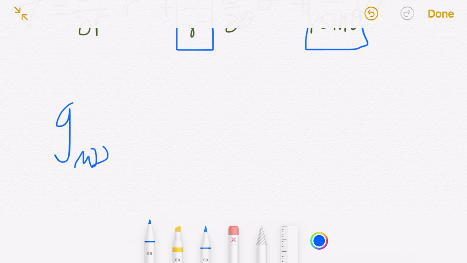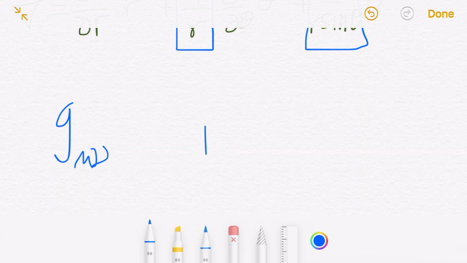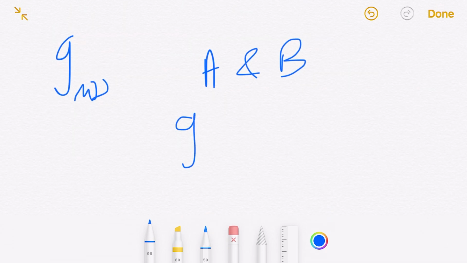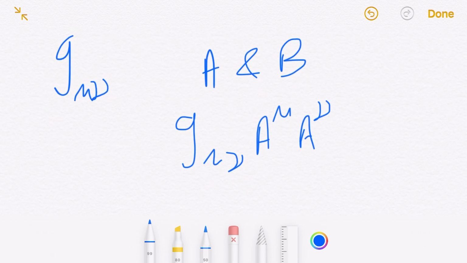So the dot product of, suppose, a vector A and a vector B is just going to be g mu nu A mu B nu, where A mu and B nu are coefficients of the basis vector, which is not normalized.